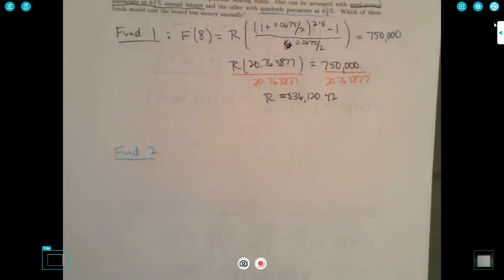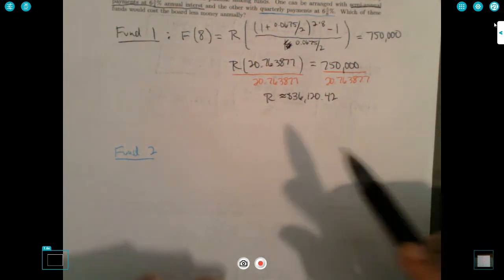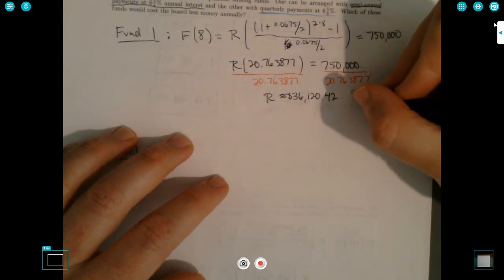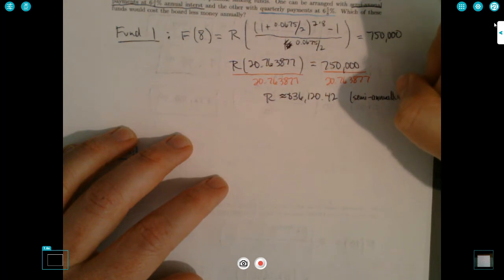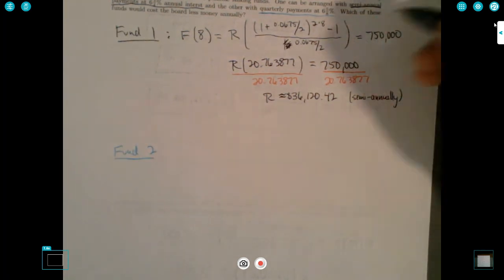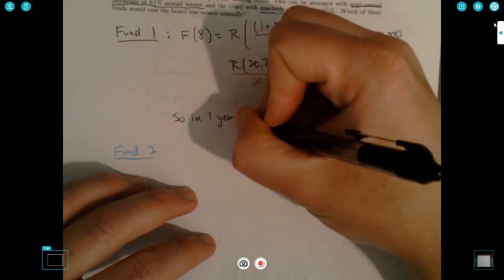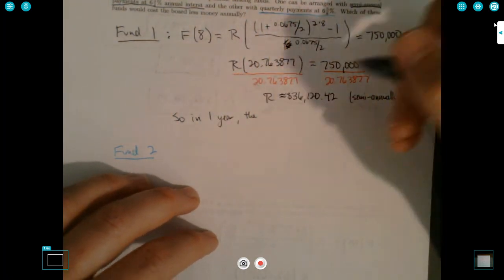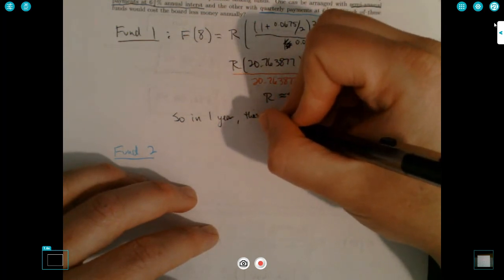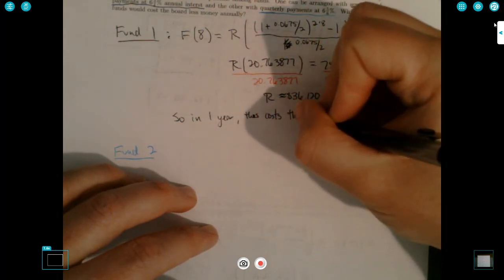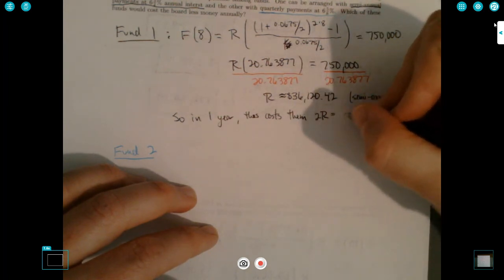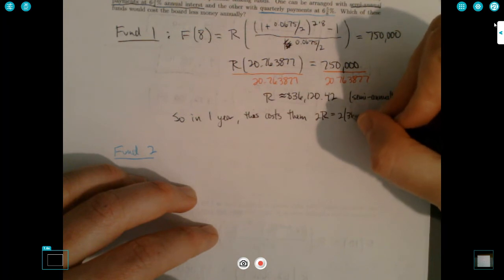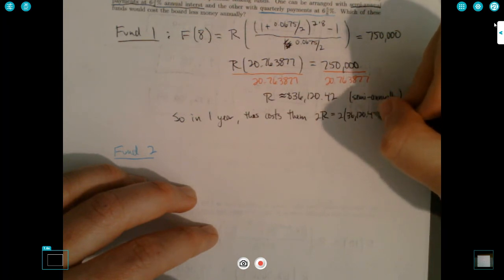So that's twice per year. So they'd have to deposit this semi-annually. Right? So in 1 year, this costs them 2 times R, so that's 2 times $36,120.42.